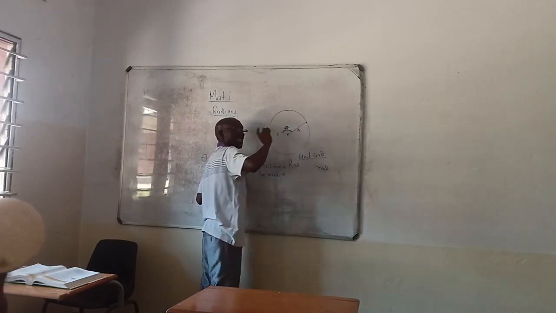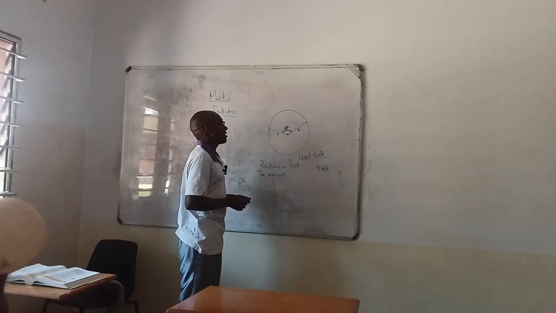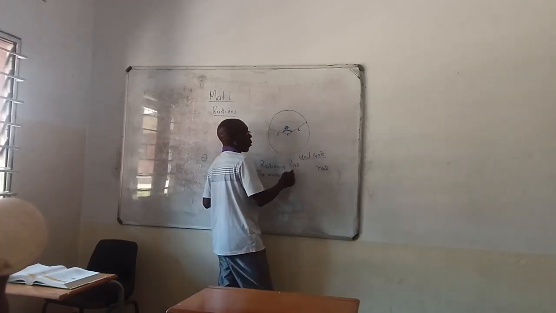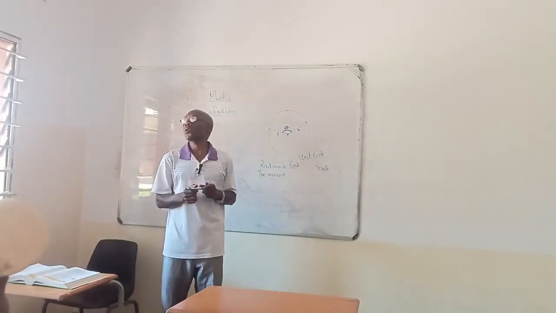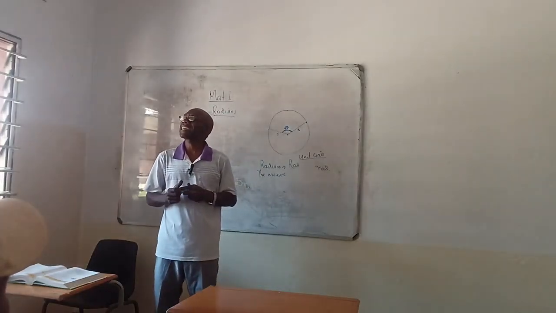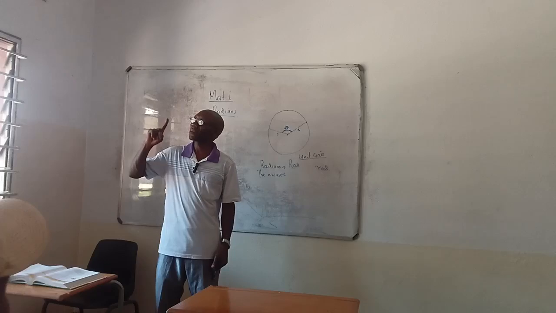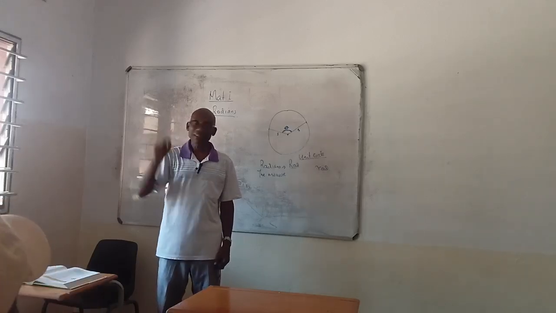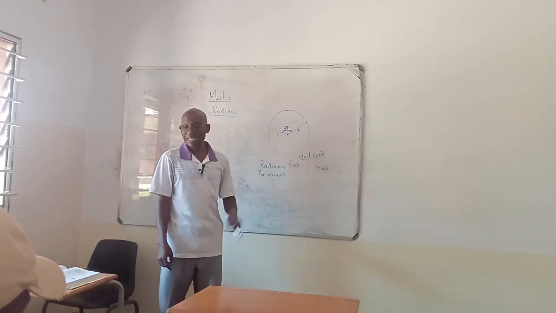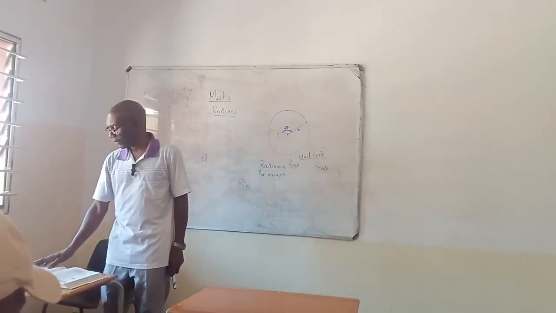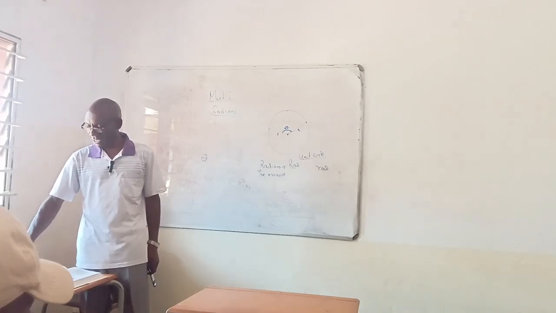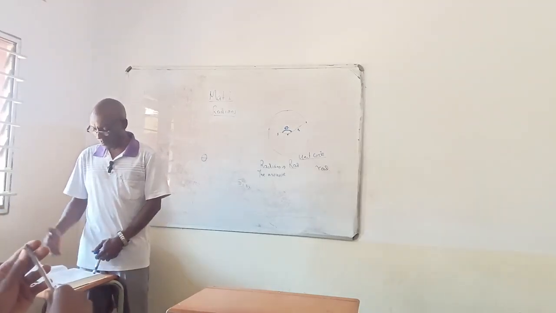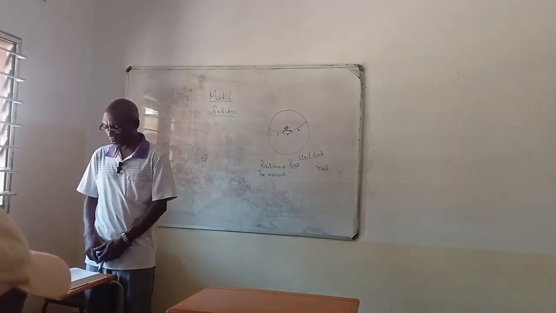This circle is called a unit circle because it has a radius of 1. The fact that the radius is 1 makes it a unit circle. So the definition of a radian, I think, holds.